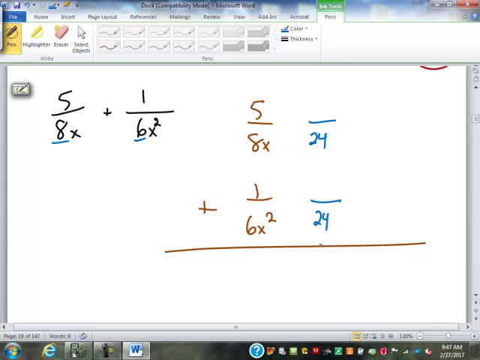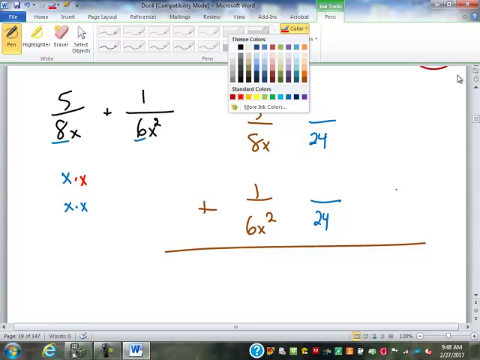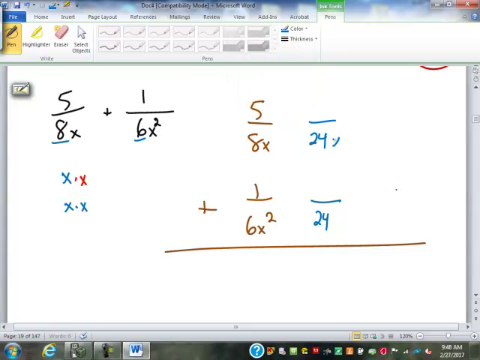With the variables, if I have a factor of x, and x squared is just x times x, what do I need to do to make those the same? Put another x up here, multiply that by x. So for the variables, the least common multiple is just going to be the largest power. So the largest power here is the x squared. So it's going to be 24x squared is my common denominator, least common denominator.